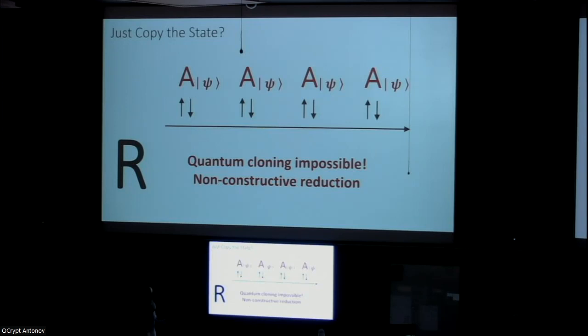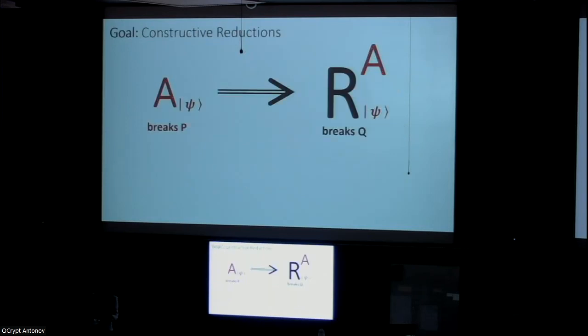And so you can still make this work: you can still say that if you have an adversary that breaks primitive P with a quantum state psi, then the reduction can break primitive Q if it gets access to the quantum state psi tensor, so essentially many repetitions of this state psi. But that would be what we call a non-constructive reduction.